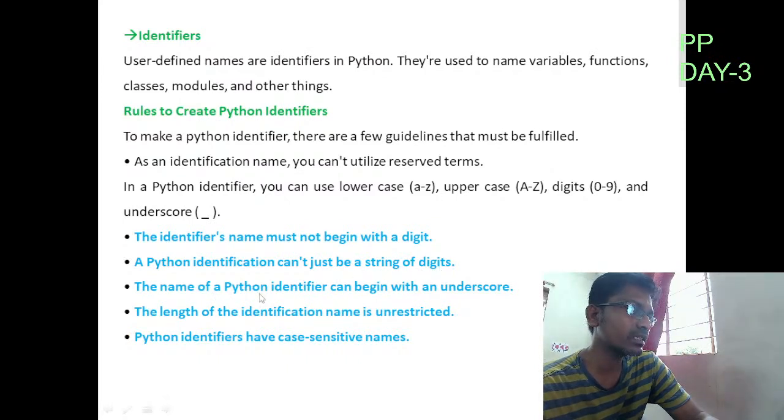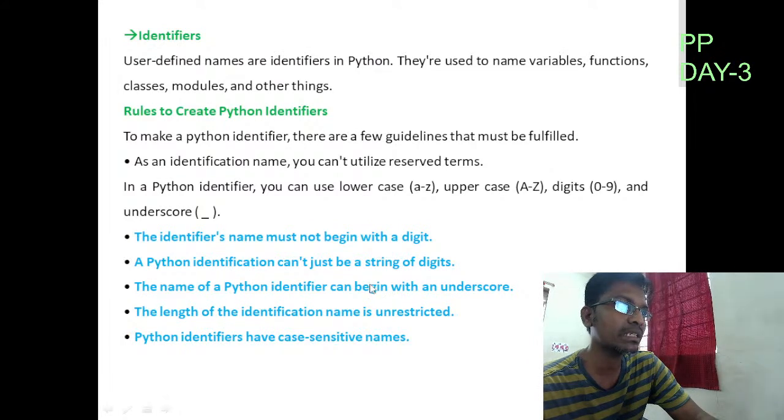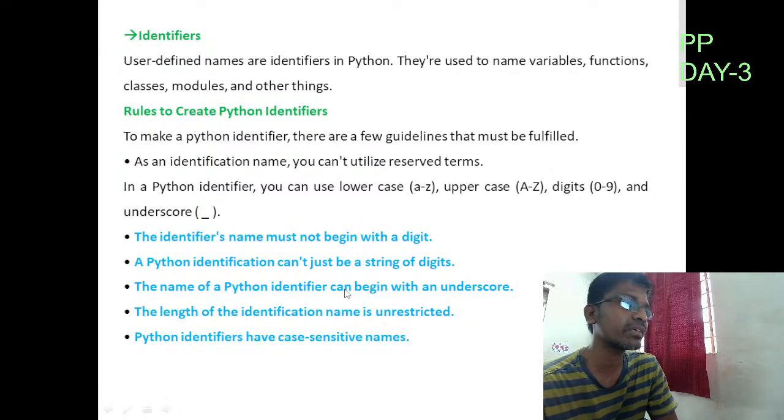And third one, the name of a Python identifier can begin with an underscore symbol. According to the Python rules, it can begin with the underscore symbol, but it cannot begin with a digit.